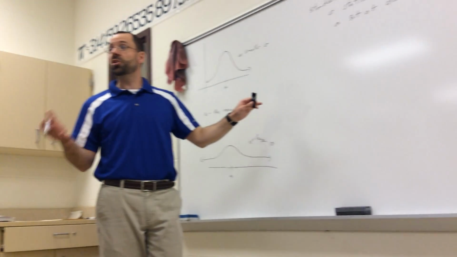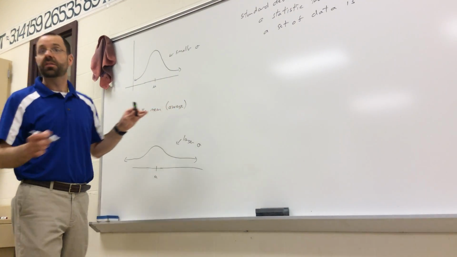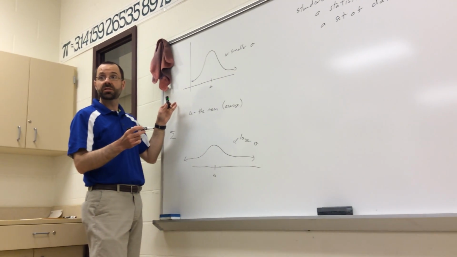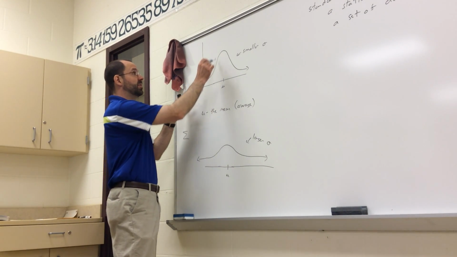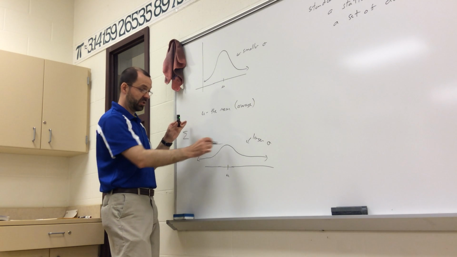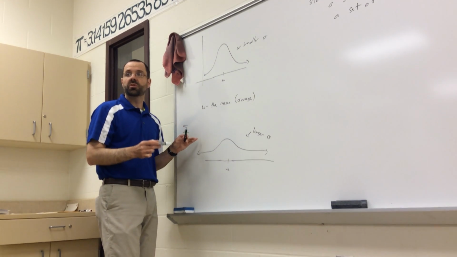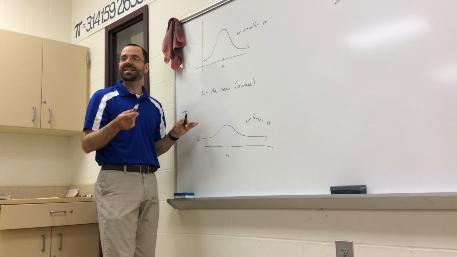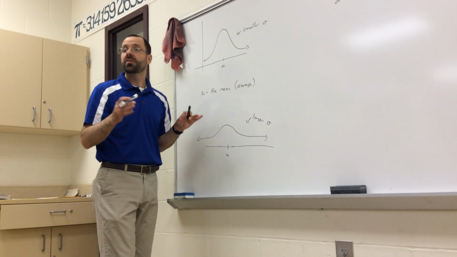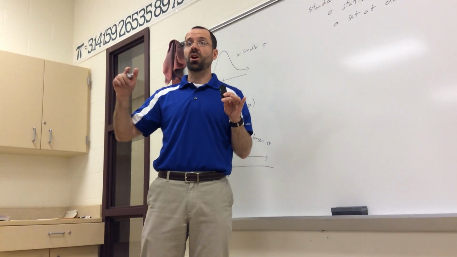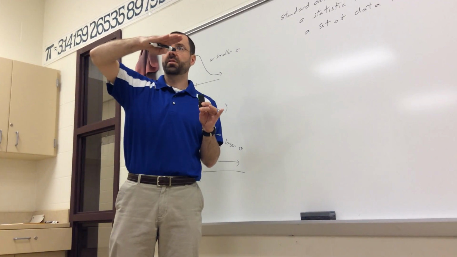Okay, so what I'm going to show you next is the function, f of x, that will graph this shape and this shape. So I'm going to show you the probability density function for a normal distribution. The other probability density function we saw was easy, right? It was just 1/12.